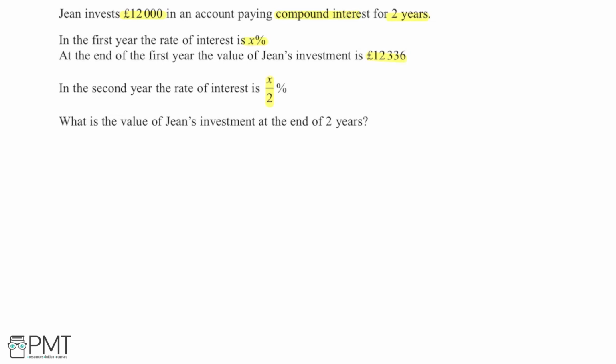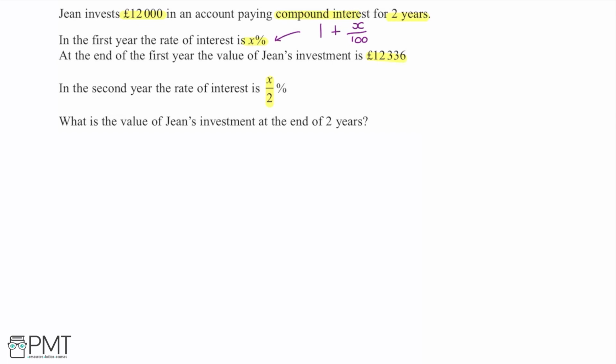We need to take the value of 1, so 100% of this first value, and then we need to add on x%, so x over 100. And that's going to give me a decimal multiplier, which takes us from the first value in the first year to the value at the start of the second year.